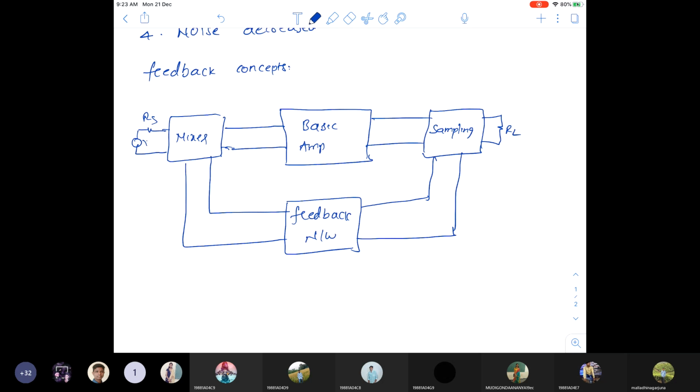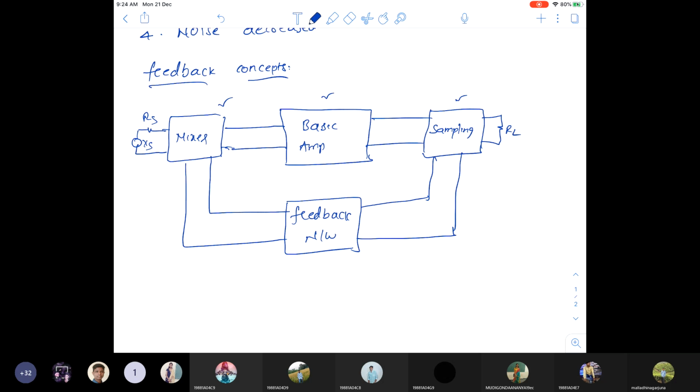This is RS and this is XS, which could be current or voltage depending on the mixer. The feedback network is always the same for all the types; the only differences are in the mixer, basic amplifier, and sampler.